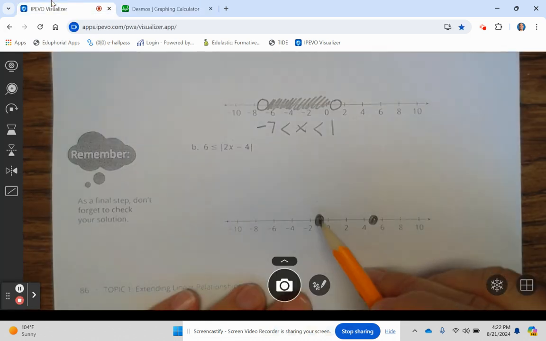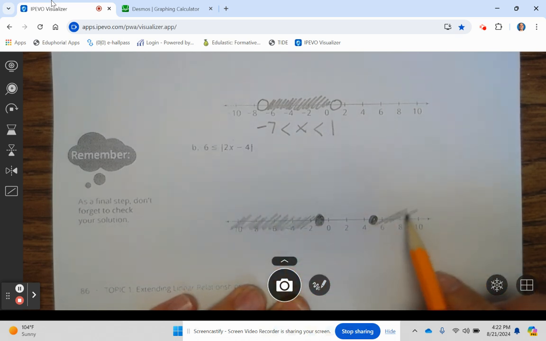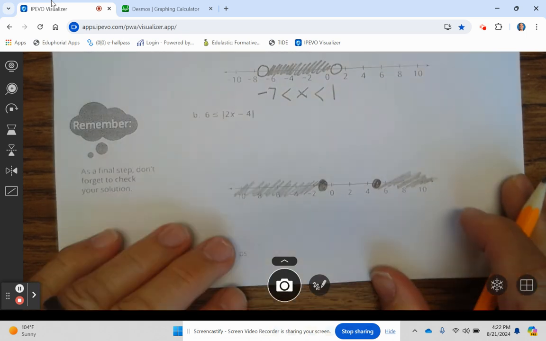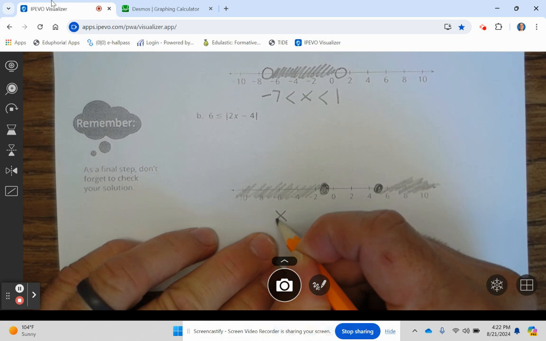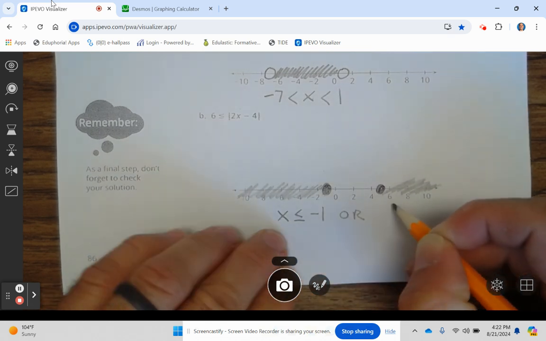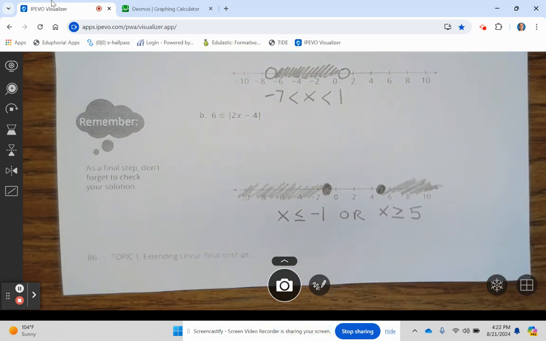Okay, and then we're shading to the left and we're shading to the right. As an inequality, we write this as x less than or equal to -1 or x greater than or equal to 5. All right, go ahead and finish up 1a and b.